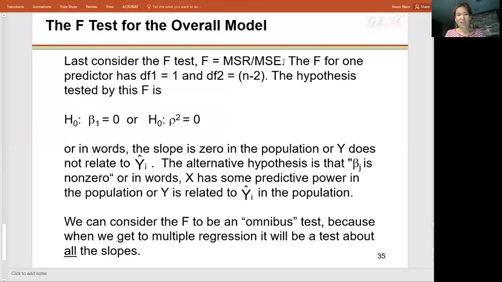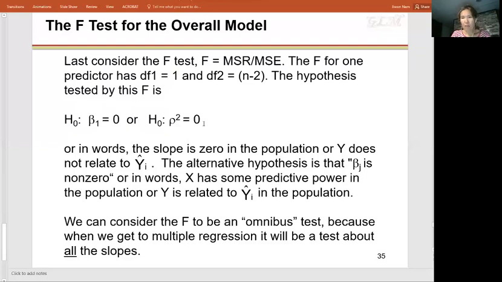Again, F has two degrees of freedom. DF1 signifies the number of predictors, and DF2 is total sample size minus 2. Beta 1 equals 0 is for the slope test, and rho square equals 0 is for the model test.